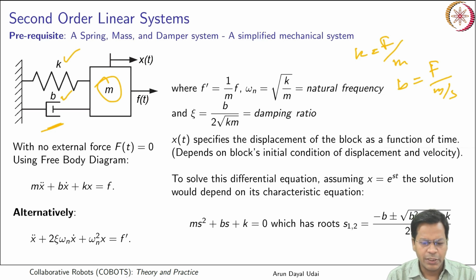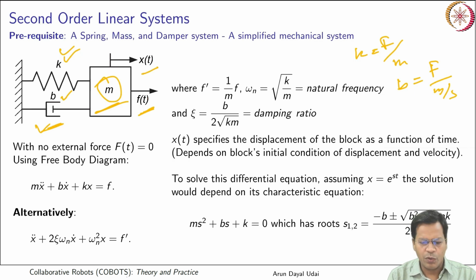These are the two constants that basically determine the behavior and the characteristics of this system. That is also defined by the mass. It is applied by an external force F(t), and let us say I have a displacement given by x(t) at any instant of time.